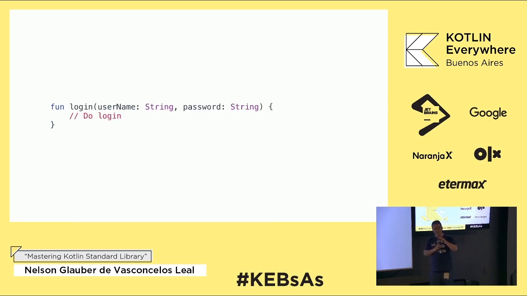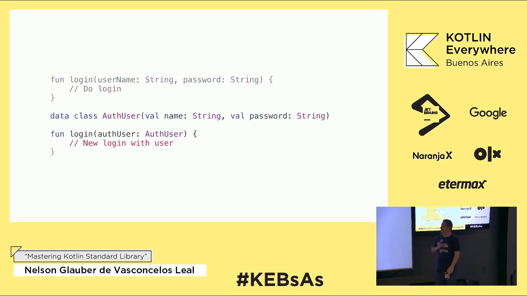But we have a different scenario when you just create the function, but you are not sure that this function will replace the old one. Okay? So I have this login function, which receives username and password. Now I create this AuthUser, and now I define this new function, login, which receives the AuthUser, my new class.